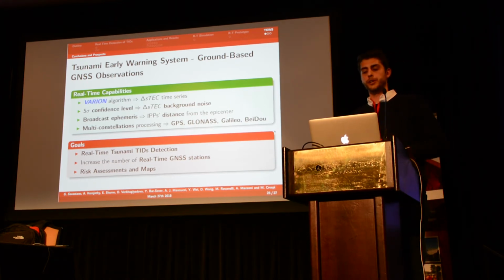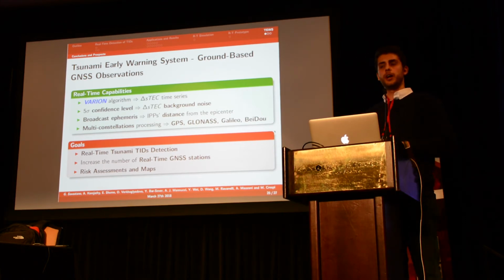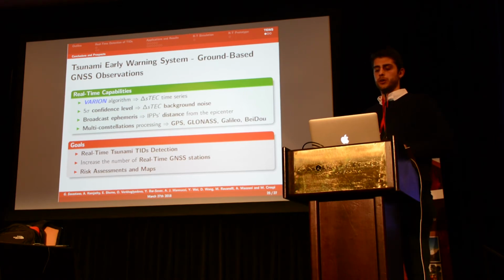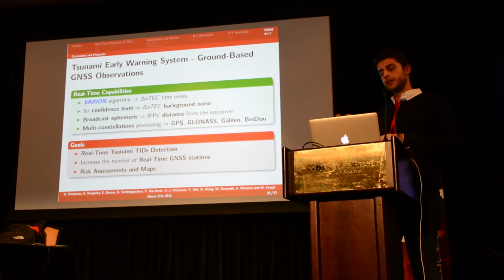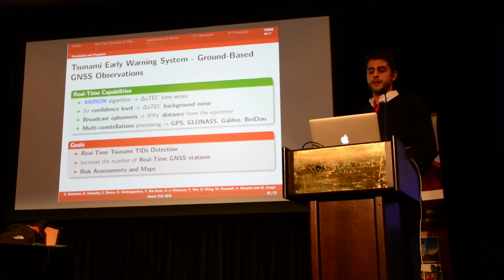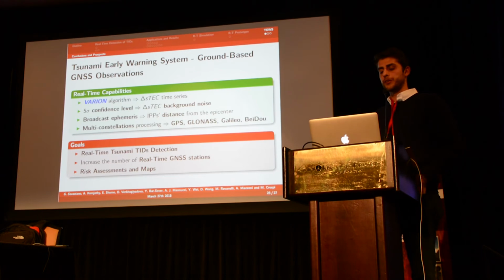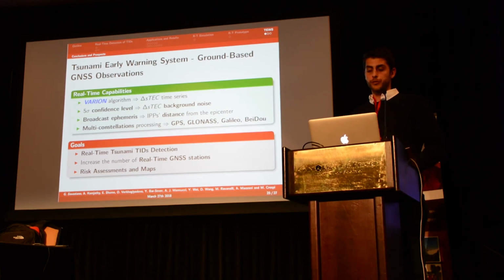So now use this real-time capability to actually detect possible tsunamis, using this time series and a threshold and detecting the arrival time at different locations. We also want to increase the coverage of this GNSS station, and in order to also generate some risk assessment map that can be used for tsunami early warning systems.